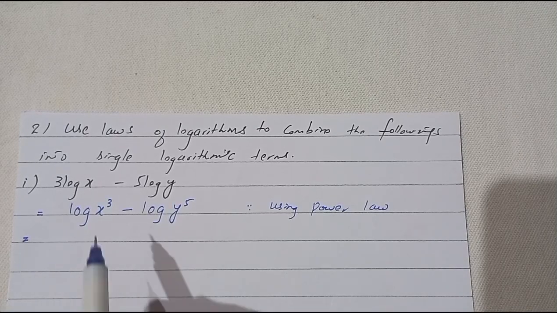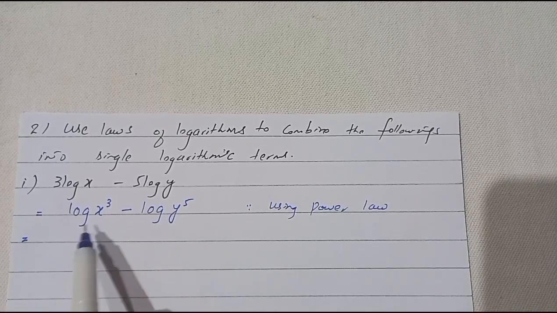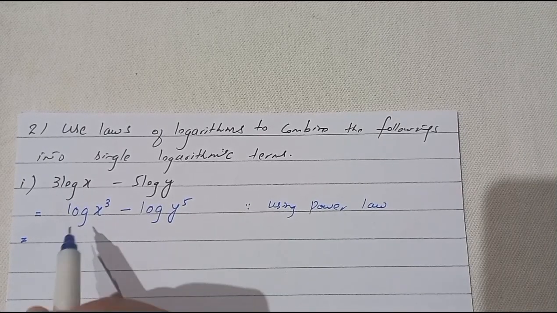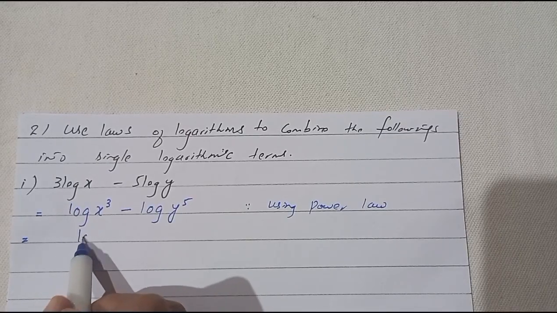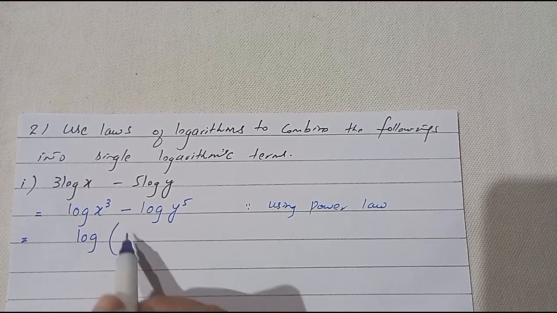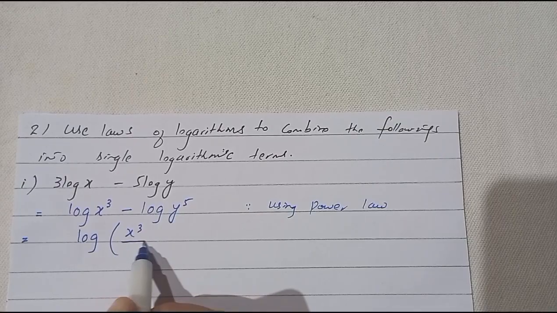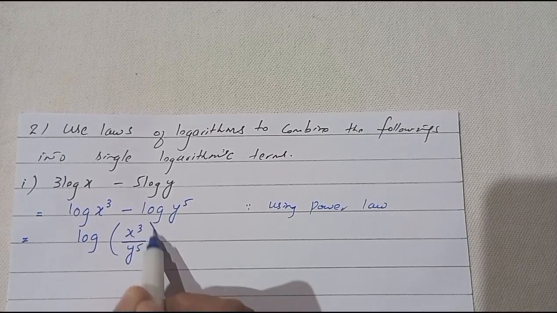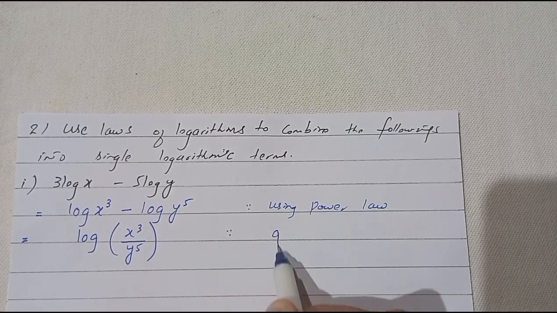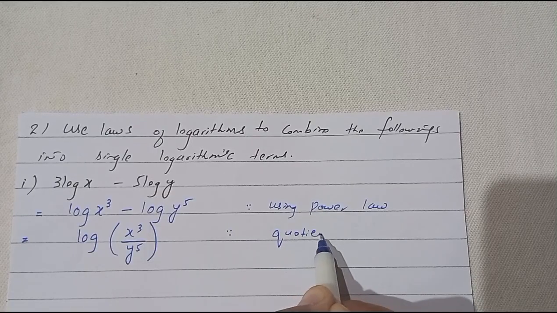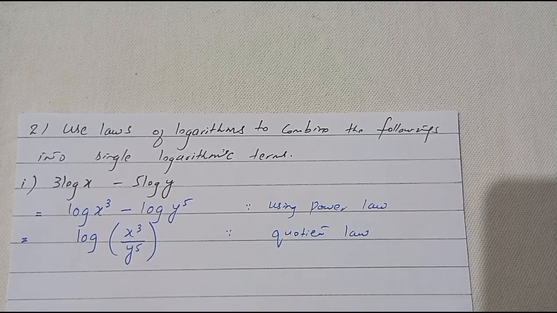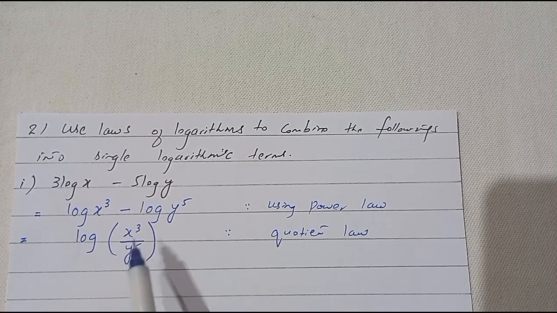Now second, as two logs are subtracted, this is the quotient law, so we can write them as one log in division form, log x cube divided by y power 5. So this is the representation in single logarithmic term.